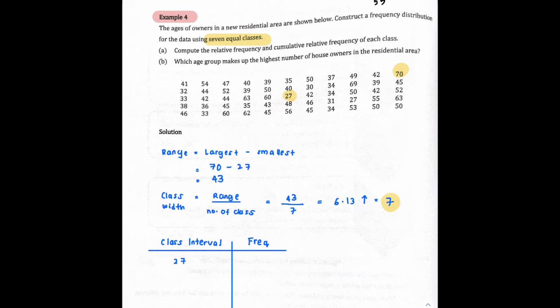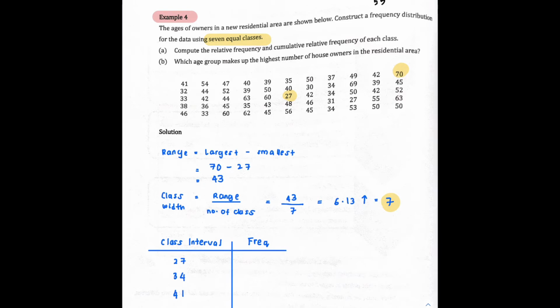So 34 is your lower limit of the second class, which is here. Lower limit of the second class. And then 34 plus another 7, which is your class width just now, you get 41. So 41 is the lower limit of the third class. Okay, the lower limit of the third class.